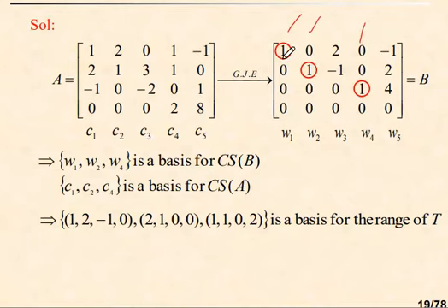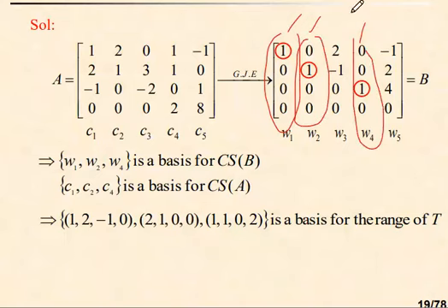Look at this one. Here you have a number, another number in the second coordinate, third. This could be written in terms of these three, right? These three, this one and this one and this one.